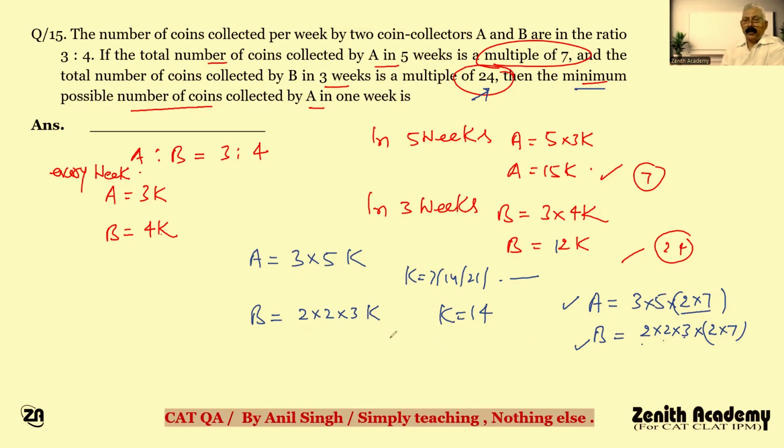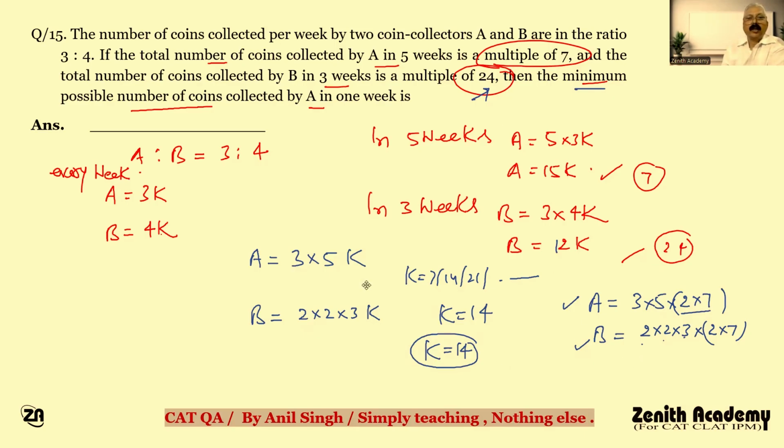So it means the minimum value K equal to 14 will satisfy the condition that in 5 weeks A collected a number of coins which is a multiple of 7, and B collected in 3 weeks a number of coins which must be a multiple of 24. So in both cases, if I take K as equal to 14, both conditions are satisfied.